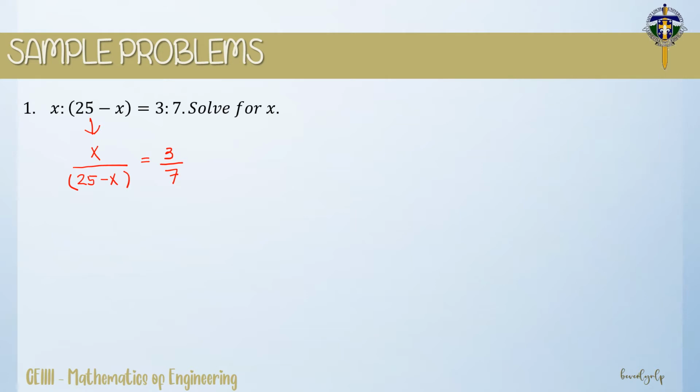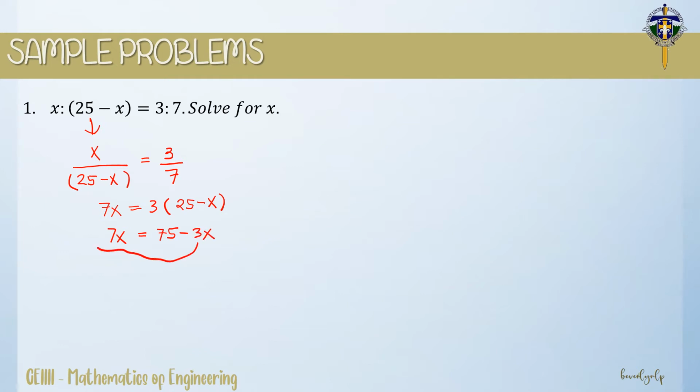So applying the principles of algebra, x times 7, that is 7x, is equal to 3 multiplied by the denominator, that is 25 minus x. So simplifying, this is 7x is equal to 3 times 25 is 75. And then 3 times minus x is simply minus 3x.